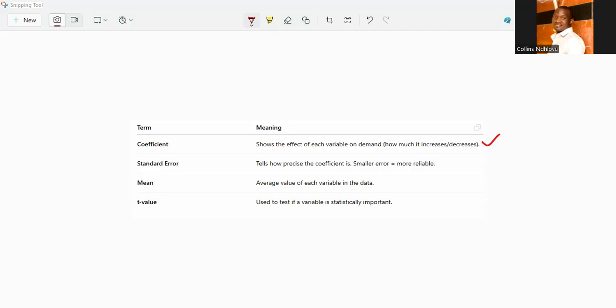I don't know how much regression you've done, but I'm trying to simplify this so that we don't have an issue with understanding the results. So regression basically talks about what? The relationship that exists between two variables. We have the dependent variables and the independent variables.